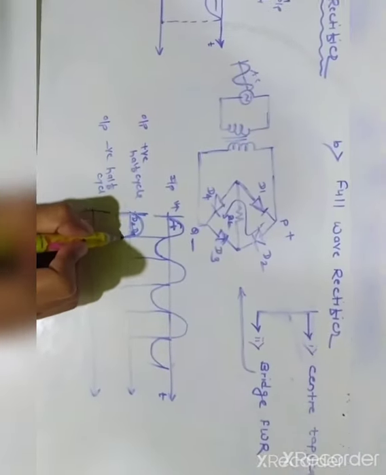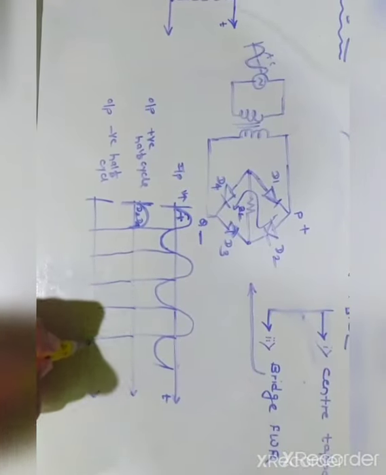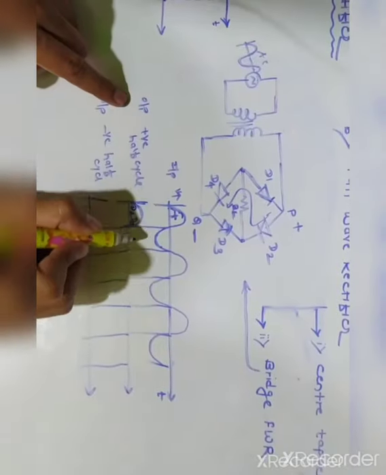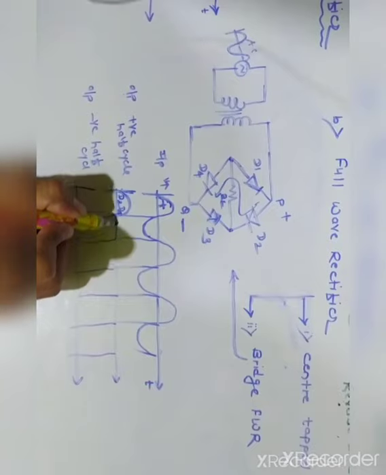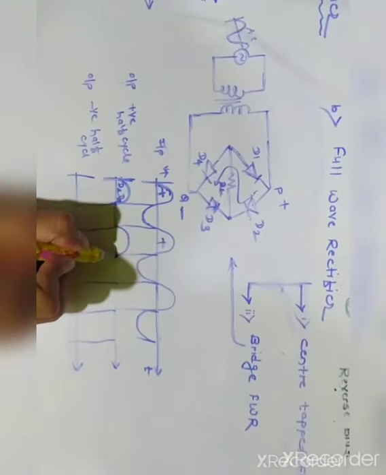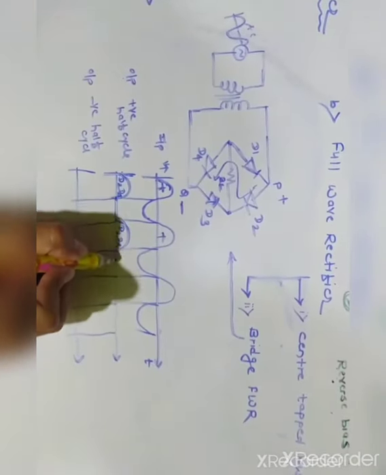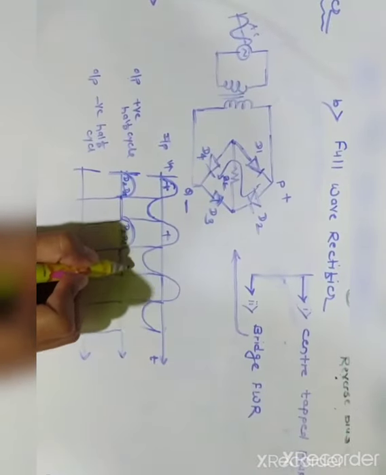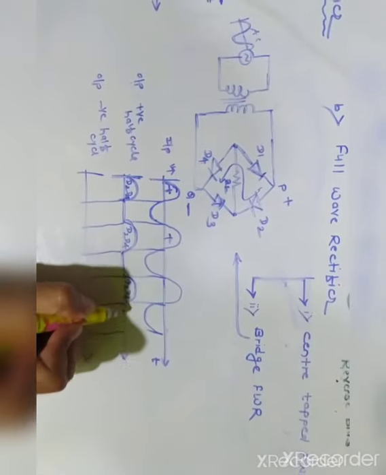During the negative half cycle, the remaining two diodes do not conduct, so you are not getting any output from D2 and D4. During the positive half cycle, again the same procedure repeats: D2 and D4 conduct, and during the negative half cycle, there is no flow through them.